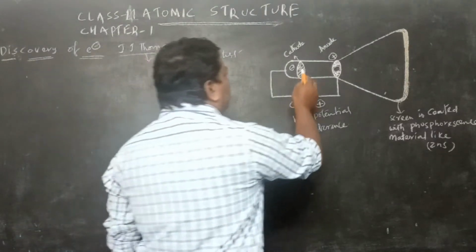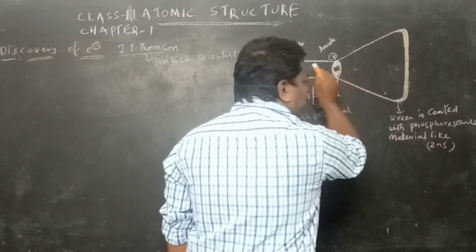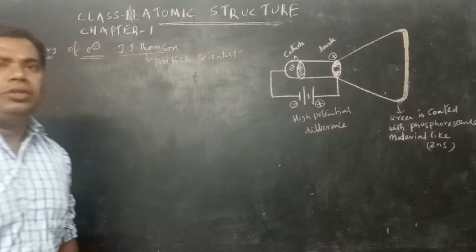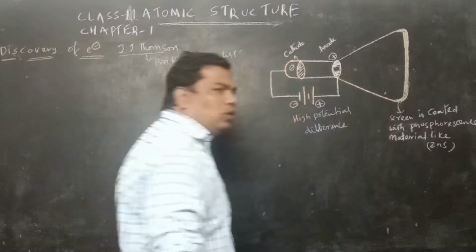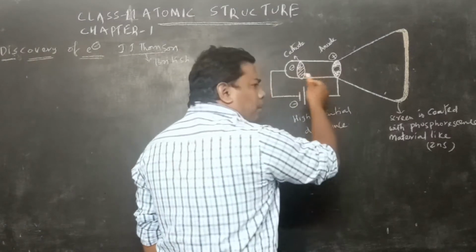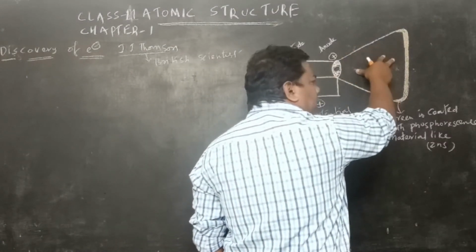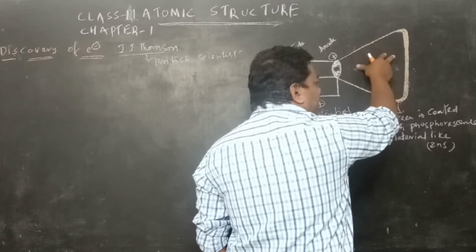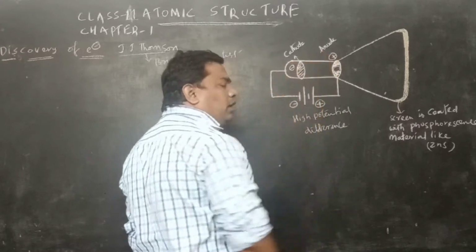When the cathode rays travel from here to here, we know very well that cathode rays originate from the cathode and move towards the anode side. Here the tube is completely evacuated, so no gases are present in this discharge tube. Only these metallic plates are there.